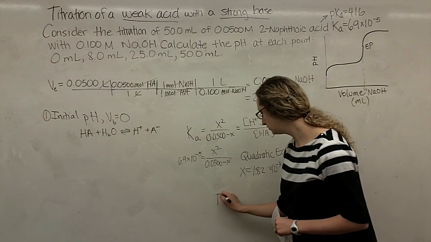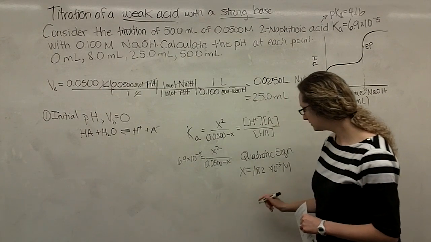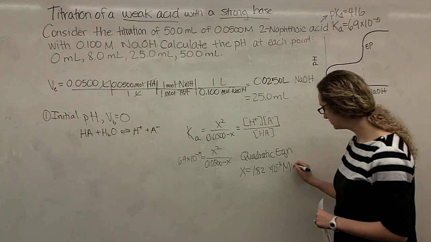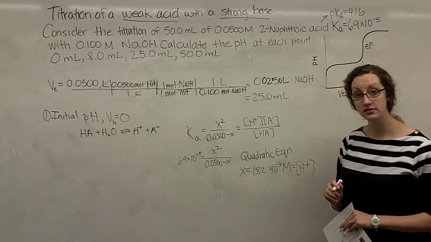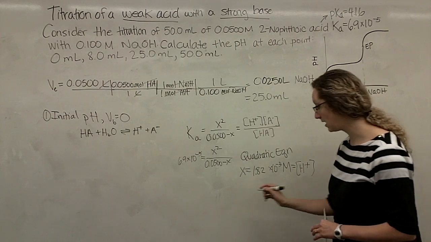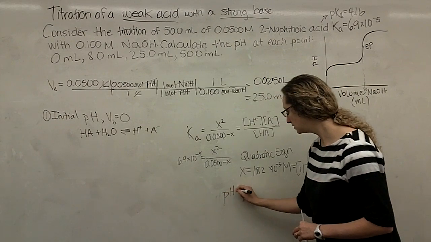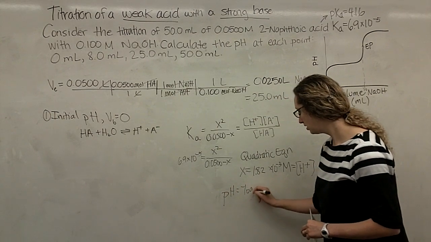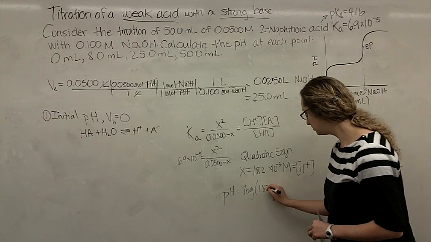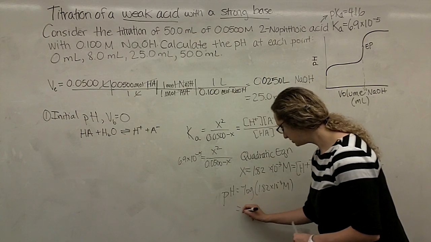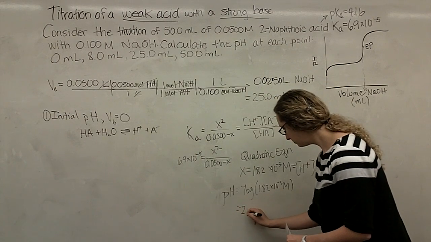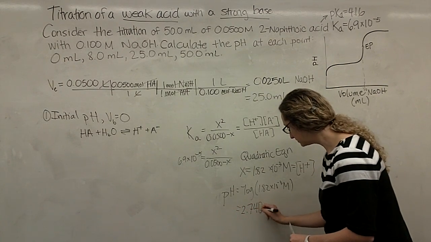Your x is the same thing as your H plus concentration, and you find the pH from that. pH is equal to negative log of 1.82 times 10 to the minus third molar, which equals 2.740.